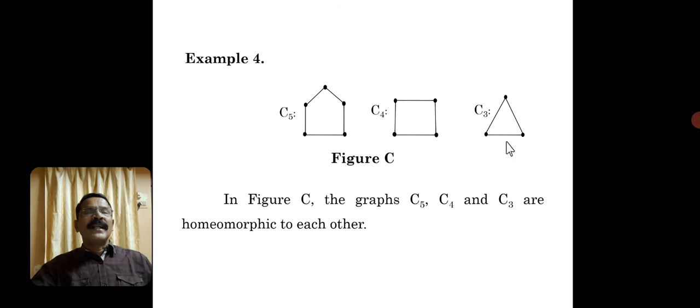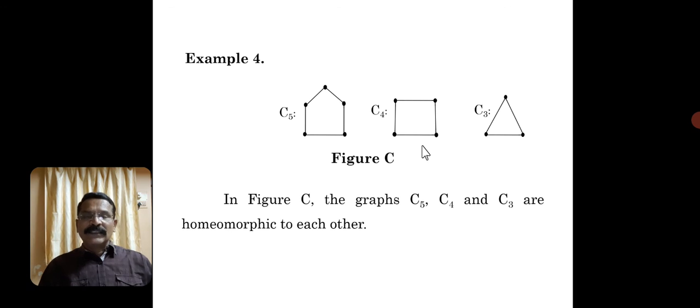In two different edges of C3, I inserted a vertex of degree 2. I got C5. It implies C4 is homeomorphic with C3. Similarly, C5 is also homeomorphic with C3. So C4, C5 and C3 are homeomorphic with each other, because either they are equal or one is homeomorphic from the graph C3. Therefore, these three graphs are called homeomorphic to each other.